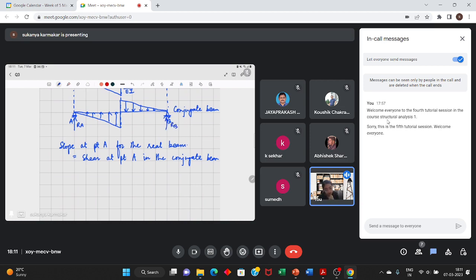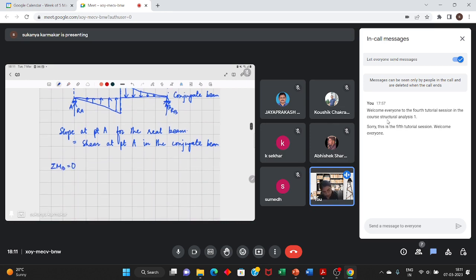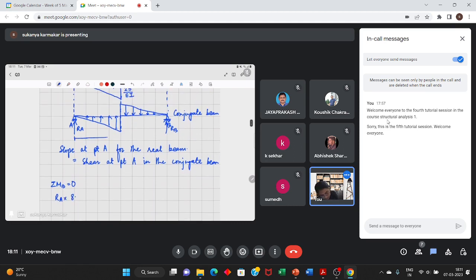How will you calculate RA? Simply take moment about point B. So taking moment about point B is equal to 0. So RA into 8. This length is 8 meters. So this is 4 meters, this is 4 meters.